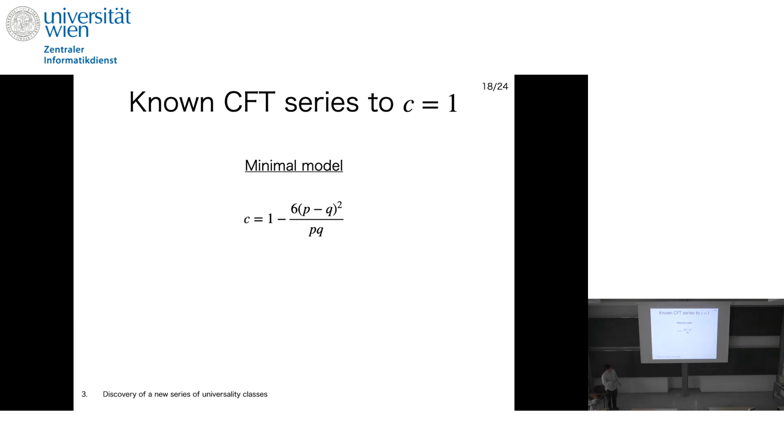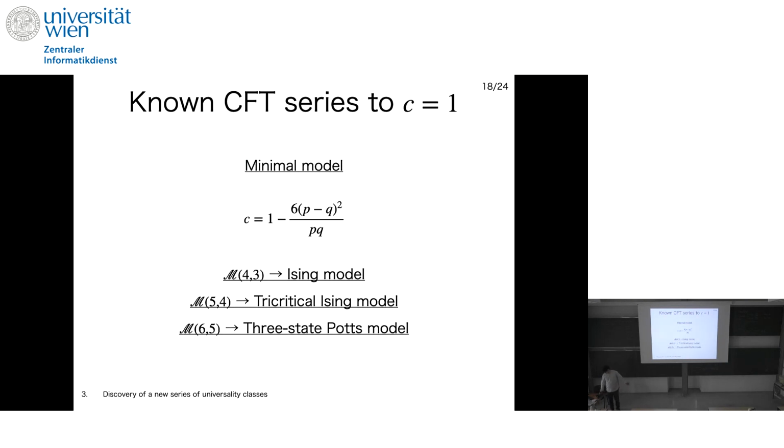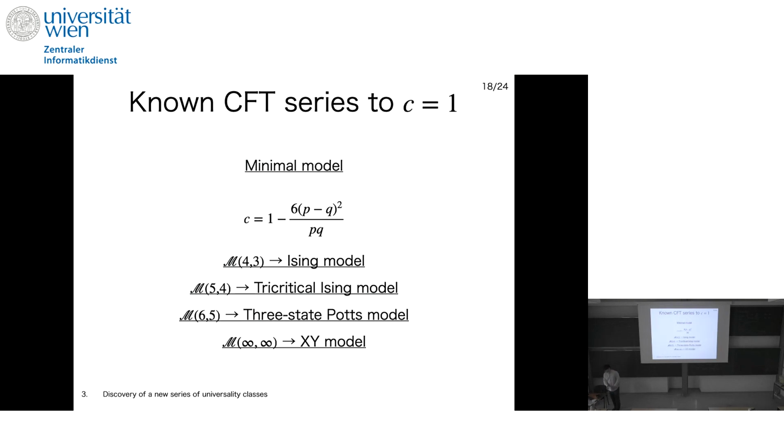And the central charge is characterized by p and q integers. And for the Ising model, tricritical Ising model, three-state Potts model, and most importantly, when you go higher, you get the XY model. So this is a discrete series of CFTs which converges to c=1.